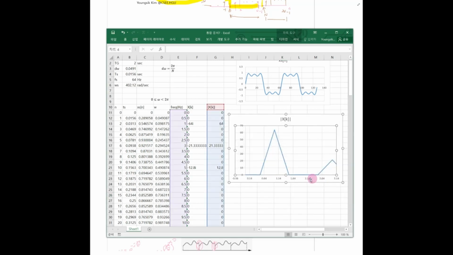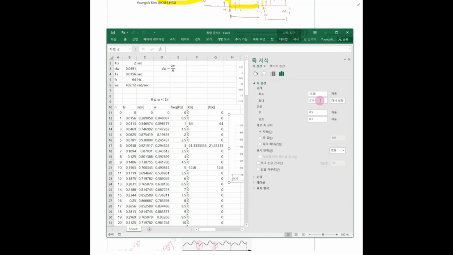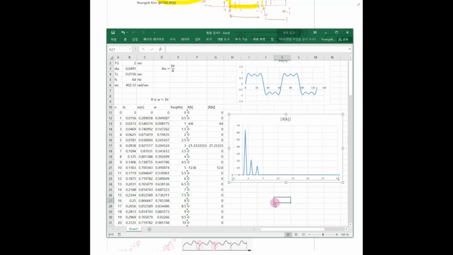Now the X-axis is frequency, so I need to turn off the automatic setting. This is 0, and this one is the maximum. I would like to plot up to 32 Hertz, that's the Nyquist frequency of this one. Then you can see that this is 1 Hertz.